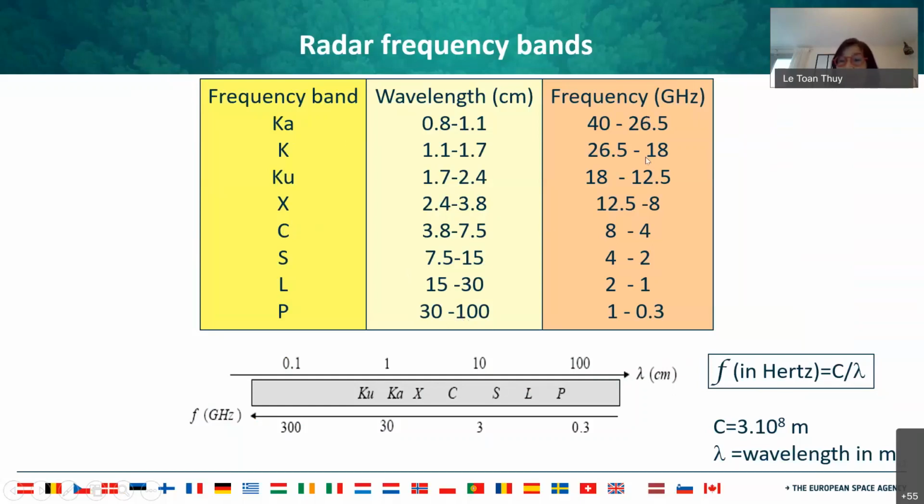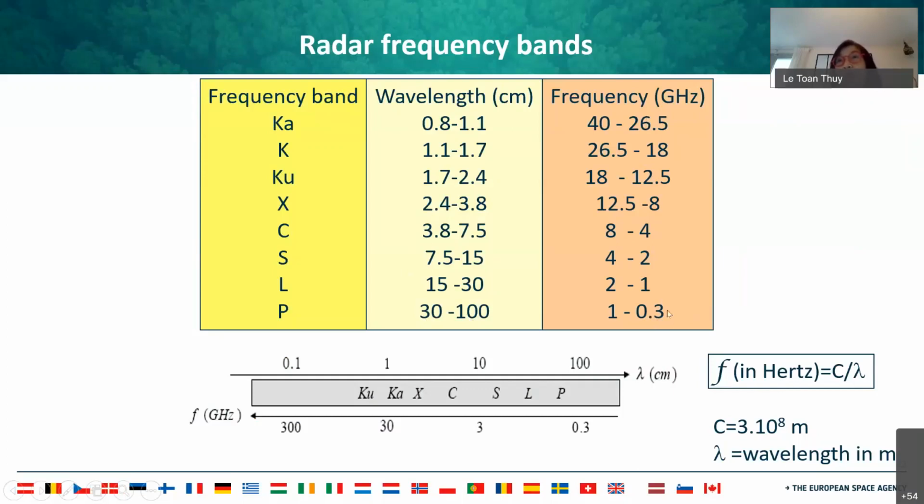And here is the frequency in gigahertz. The issue is that at the P band, you don't have all the frequency band available for remote sensing. We only have a small bandwidth of 6 megahertz in this band.